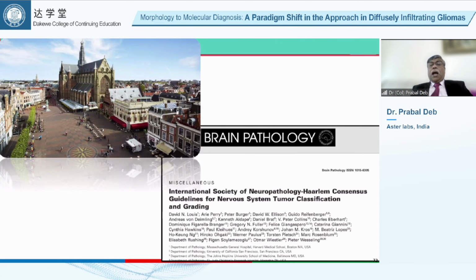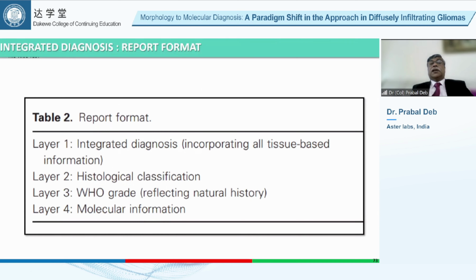Now, the Haarlem Consensus of the International Society of Neuropathology was one of the major turning points to adopt molecular classification. And that is where this integrated diagnosis report format was proposed, a layered report format, which is to be given nowadays.